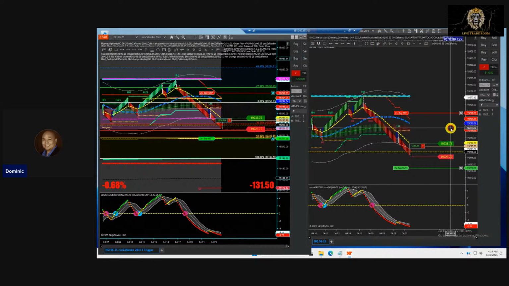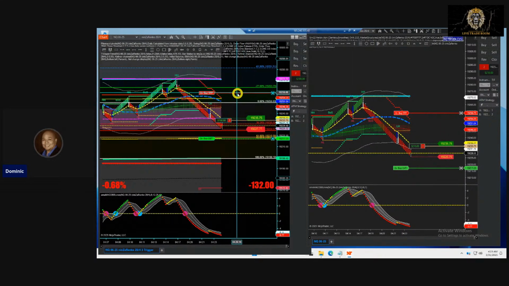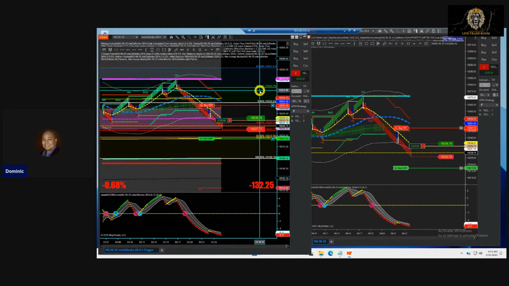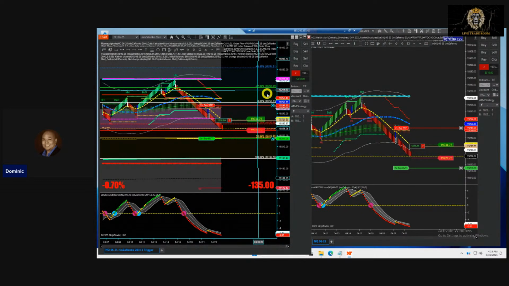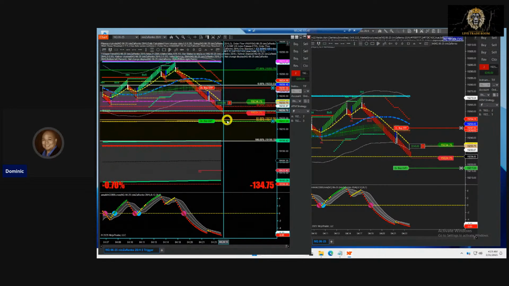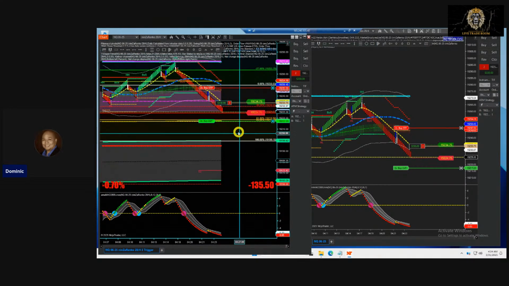Let me see what I have here. Okay, let me see this one, manage my losses here again. Maybe right there, right above the 233. So let's see the momentum coming down here.